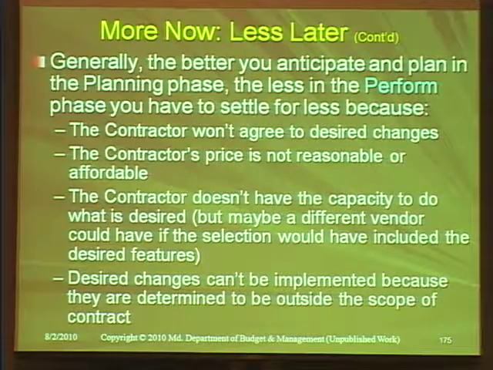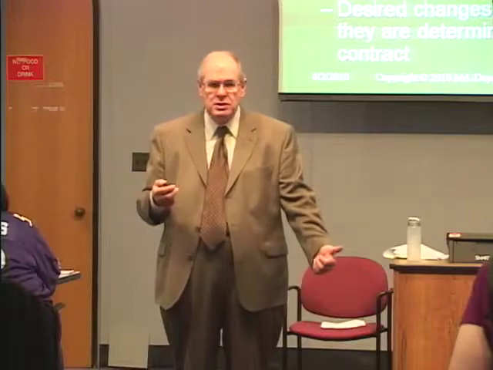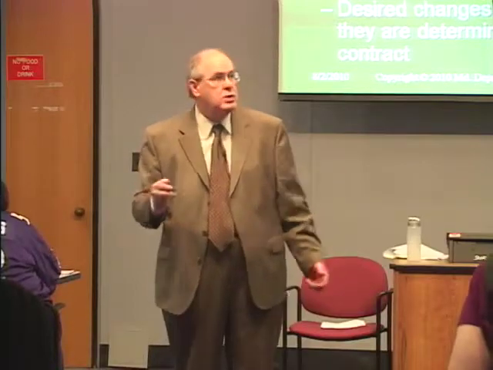What if they don't agree to a desired change? Either you want to do something that you both agree is a change, or you don't think it's a change, but they do. Will they agree to it?